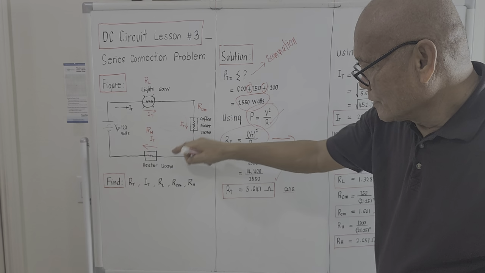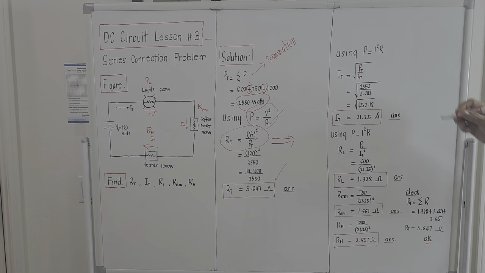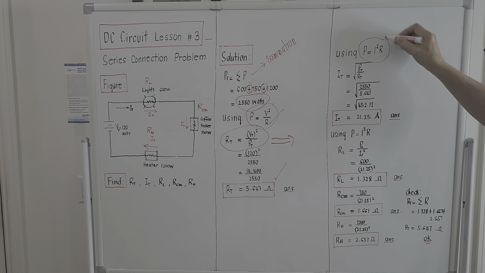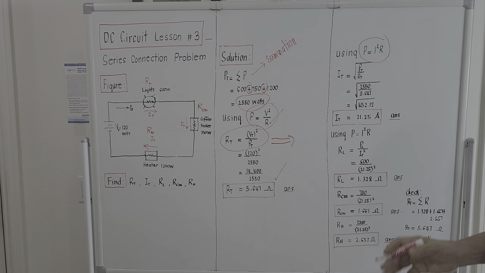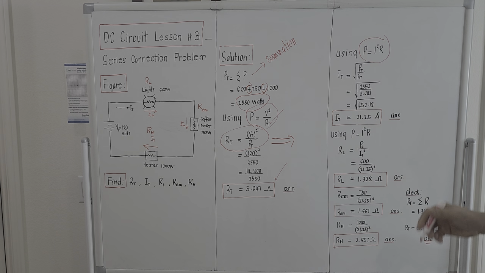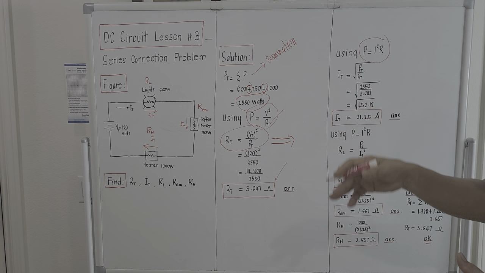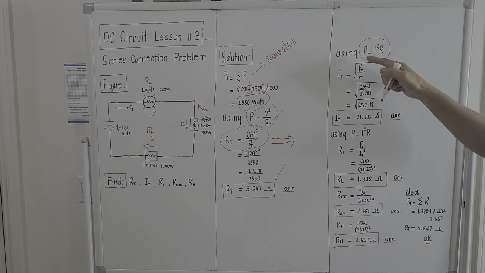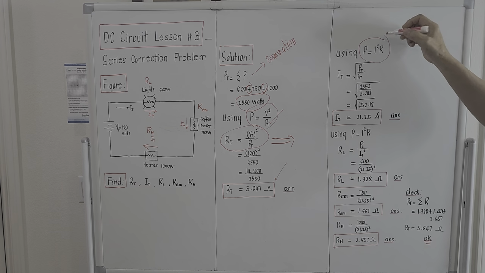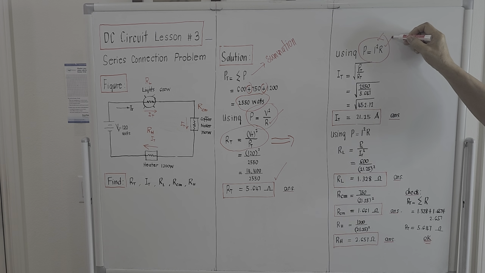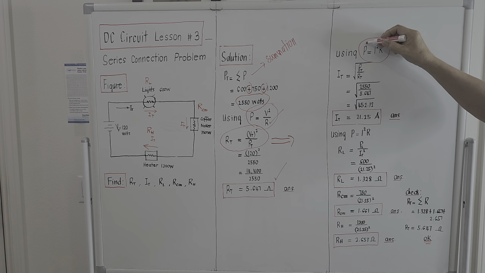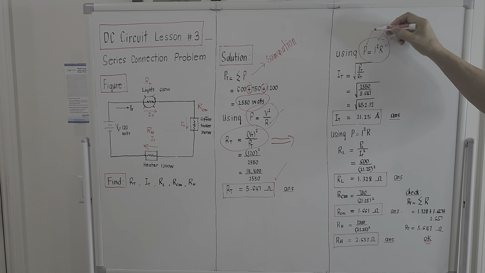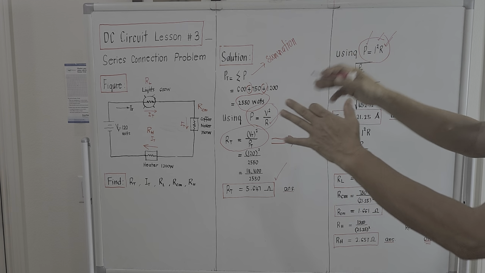So again, using another relation, another equation under DC circuits, power equals the square of the current times resistance. We are given the total true power and the total resistance of the entire system.